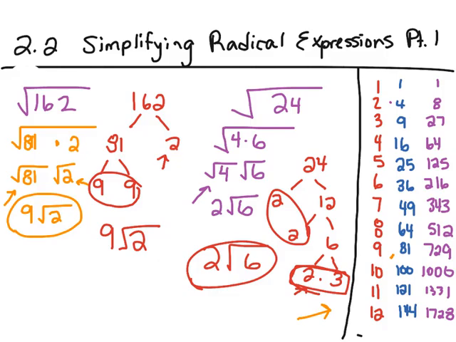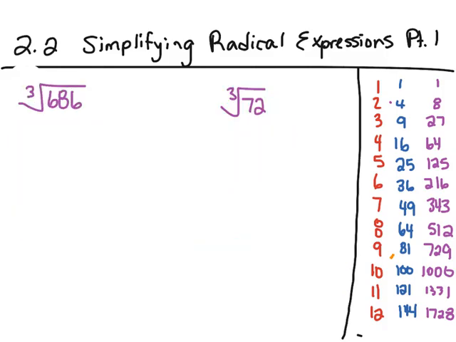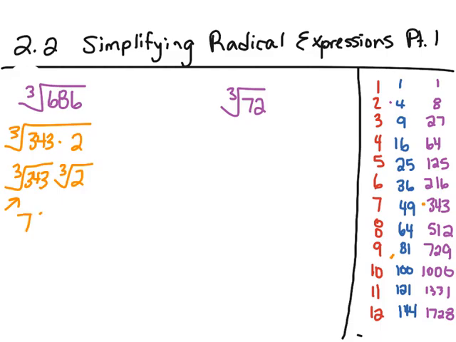Both work. For this one, we have the cube root of 686, so now we're looking for a cube number that goes in, which is 343. So we're going to break it into 343 times 2. So the cube root of 343 times the cube root of 2. And because we can take the cube root of 343 to be 7, we're left with 7 cube root of 2.